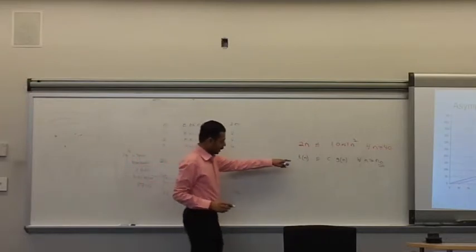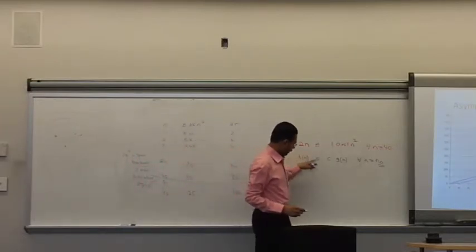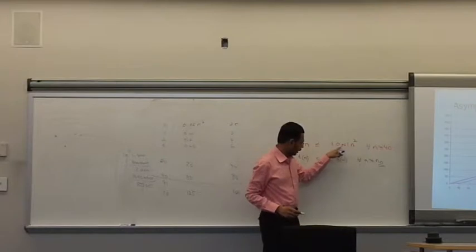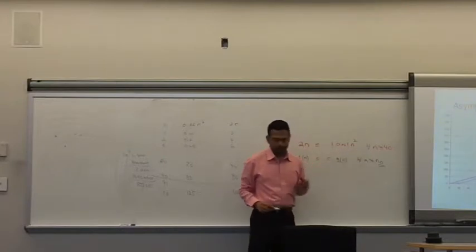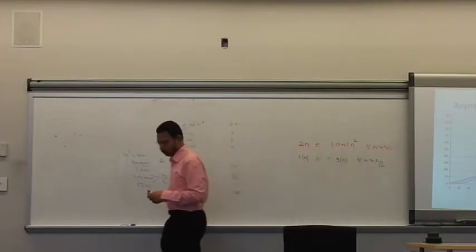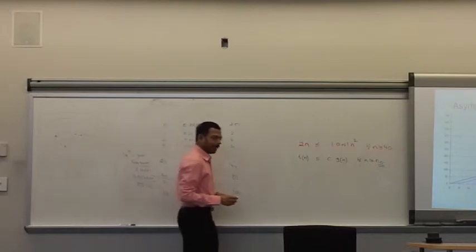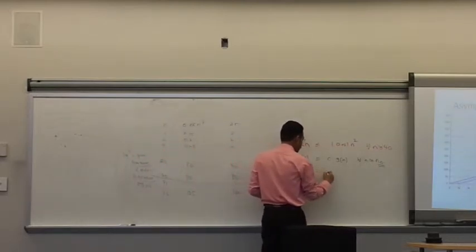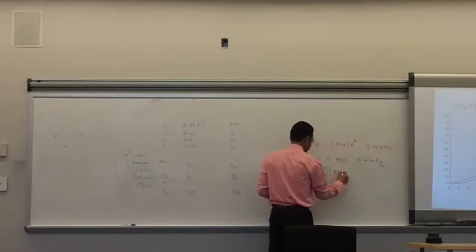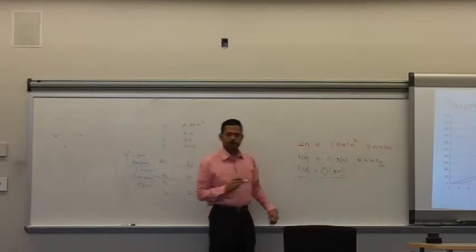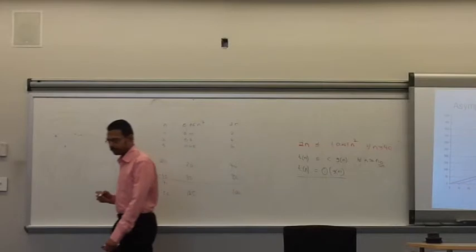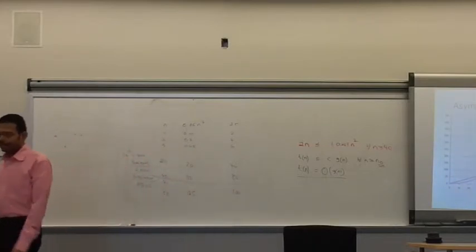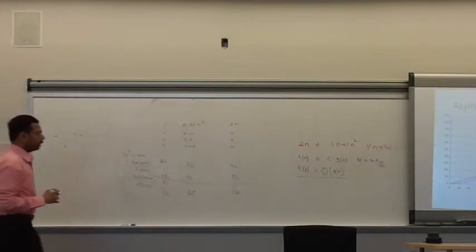Like that you can say t of n, some function of n, is less than or equal to some constant like 0.05 times g of n for n greater than or equal to n0. If that is the case, then we can say what? T of n is big O of g of n. So this is the big O notation. Okay? So what it means, bounded above.